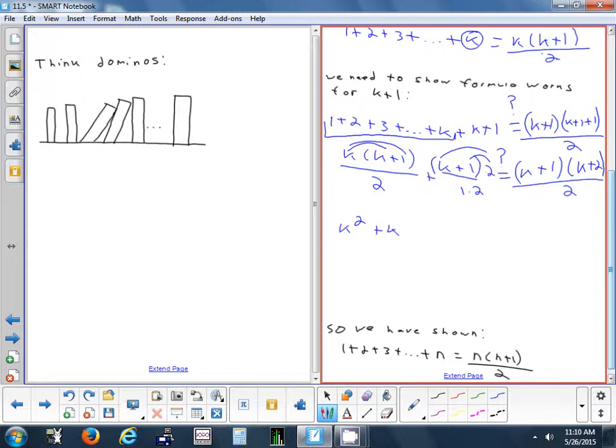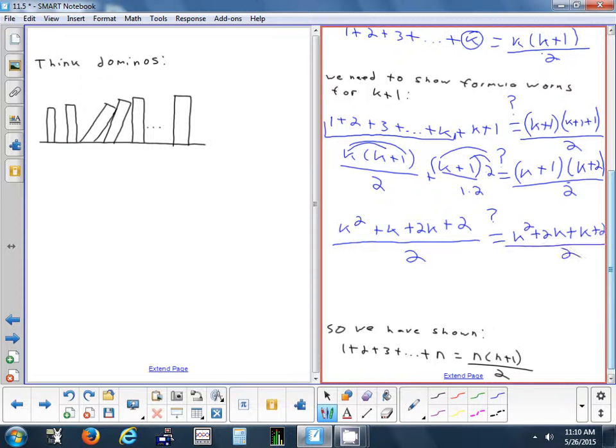Okay, I just want to combine these into a single fraction. I'm going to get 2k plus 2, okay, now that's all divided by 2. And at the same time, I'm going to distribute out what's on the right. And I think at this step, you'll see that they are the same. k squared plus 2k plus 1k plus 1 times 2 is 2.